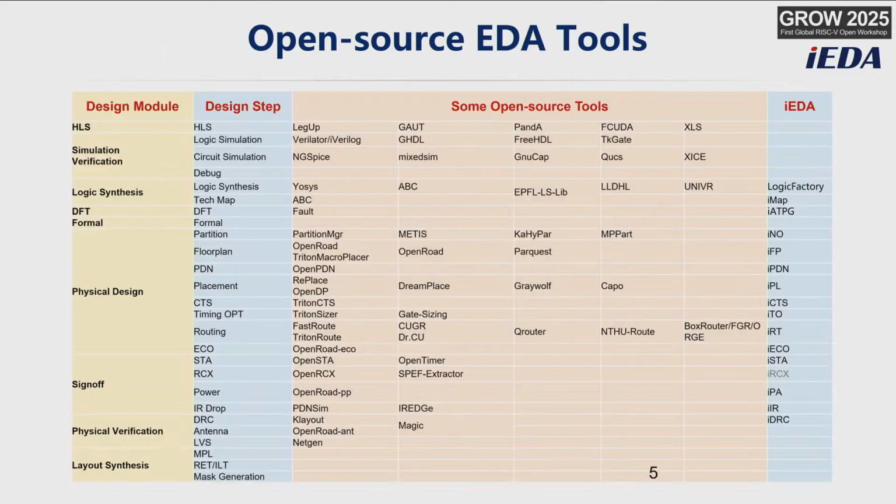Existing open source EDA tools can already be combined into the digital process flow from RTL to GDS. However, with the diverse usage and diverse backgrounds of the researchers, the iEDA project wants to continue to advance the open source EDA tools.